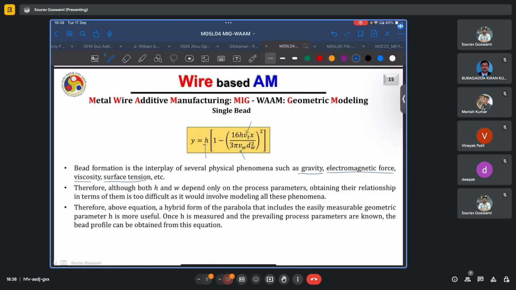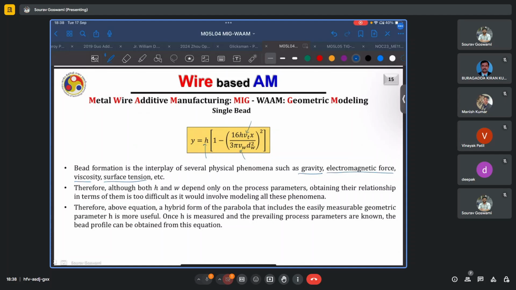In some cases, it may also include effects of, say, the presence of any surface active elements such as sulfur, as we have seen that in low amounts or for low ppm of sulfur, the weld bead which forms is fairly typical, whereas if the presence of such surface active elements such as sulfur is increased to say 150 parts per million, suddenly your bead becomes very deep. And this is because it reverses the sign of the surface tension gradient, thereby modifying the Marangoni forces or affecting the direction of the Marangoni flow.